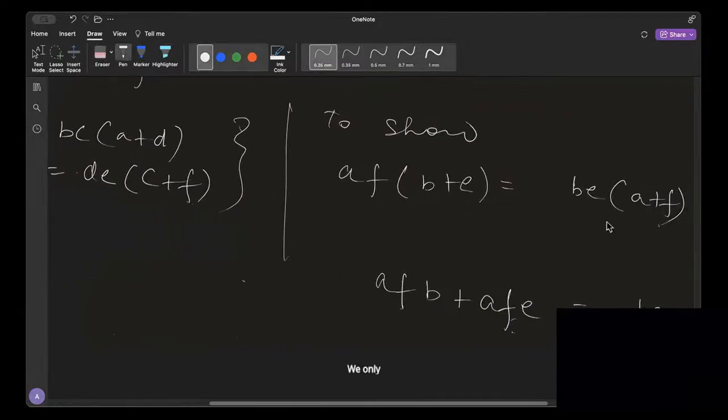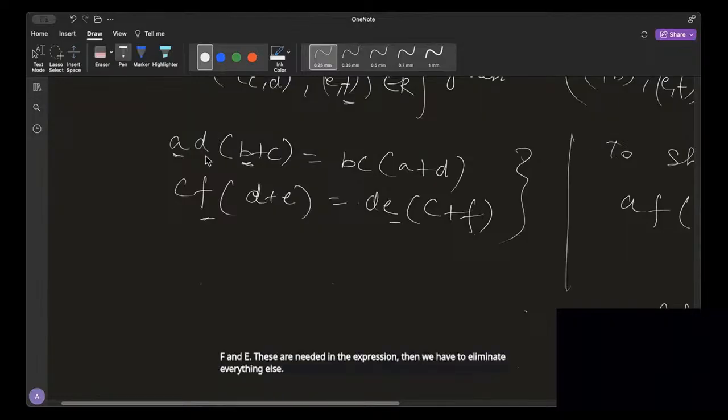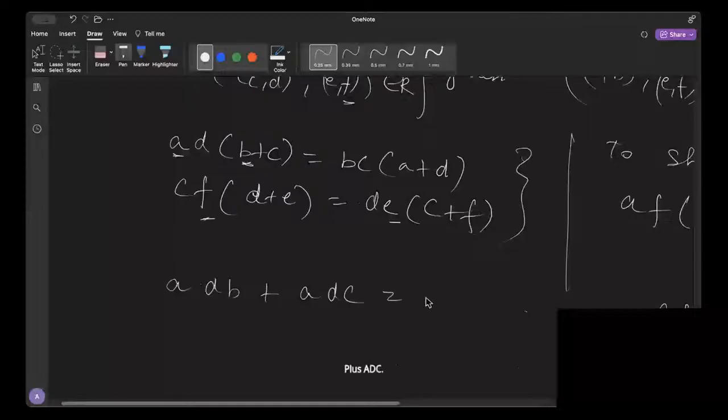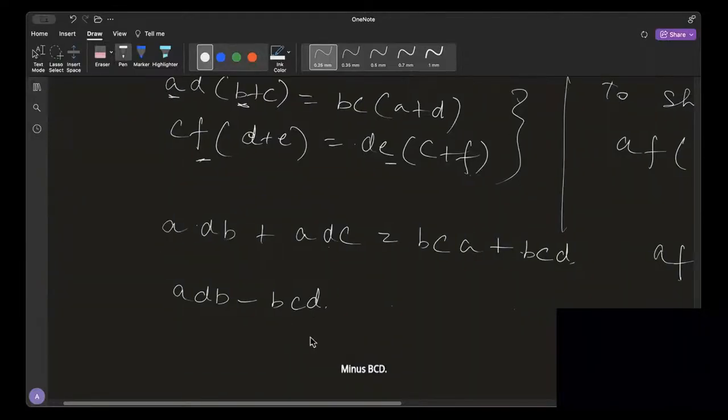We only need A, B, F, and E in the expression, right? These are needed in the expression, and we have to eliminate everything else. So this will be ADB plus ADC. If we have to eliminate B, we'll have to take this D here, and it will be ADB minus DCD. So we can take D common from here. You will be left with AB minus BC.